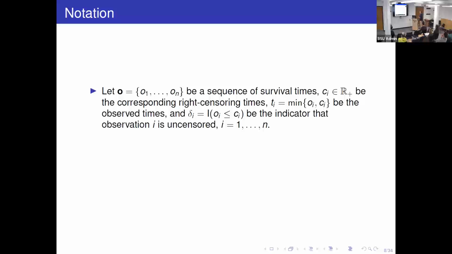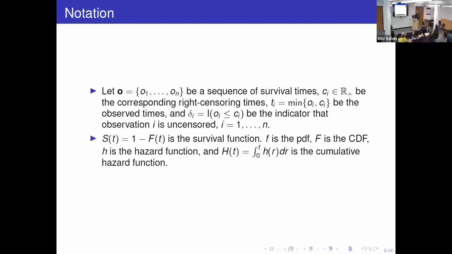Delta i is the vital status indicator: 1 if it is uncensored, 0 if it is censored. And just for completeness, I am including what I am using here. It's really basic, I understand. The survival function is S, the CDF is capital F, the PDF is little f, the hazard function is little h, and the cumulative hazard function is capital H. Okay, so this is just the basic notation in survival analysis.